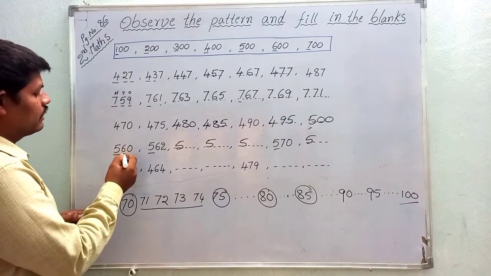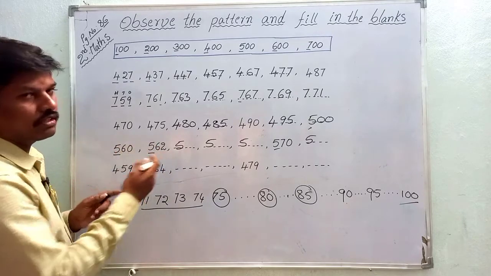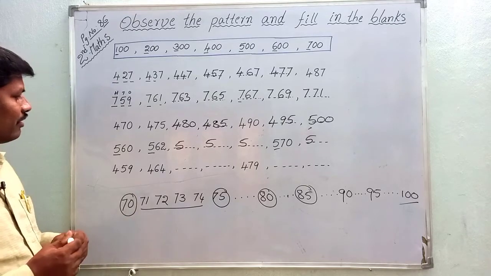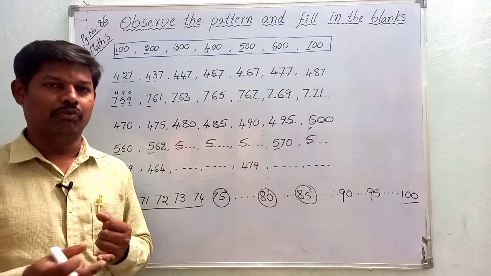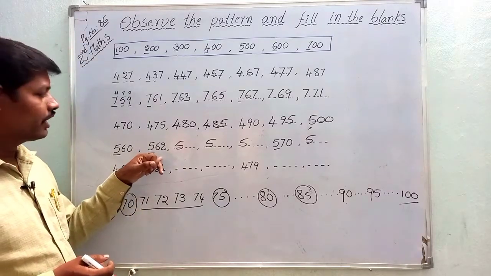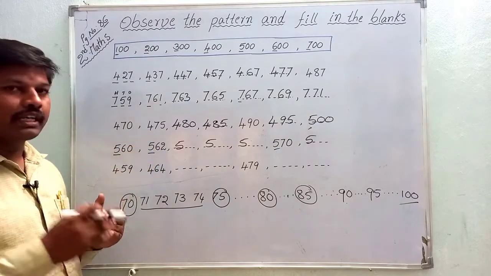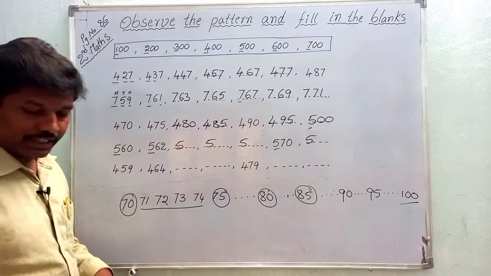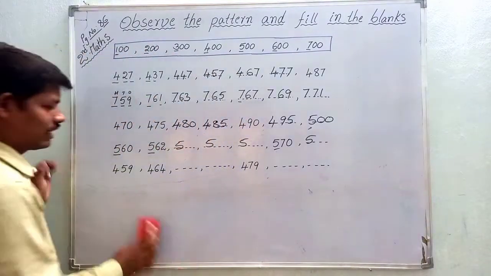Now 60, 62. A middle number is missed. What is that number? After 60 comes 61. 61 is missed and 62 came. 60, 61, 62, like that. But one number is skipped. So let us write 60 onwards, then you can understand.